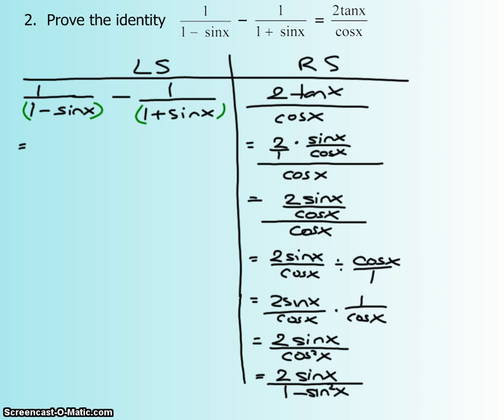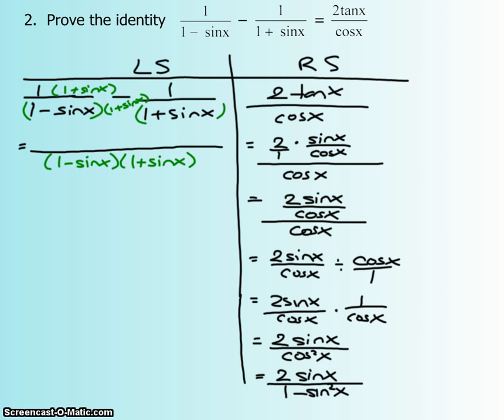So I'm thinking probably a 1 minus sine x, 1 plus sine x denominator. And then in order to get that, I'd first have to multiply this guy by 1 plus sine x. Then I'd have to do the same to the top.